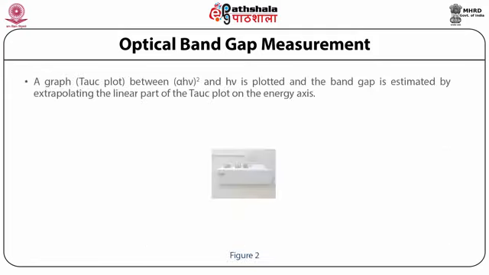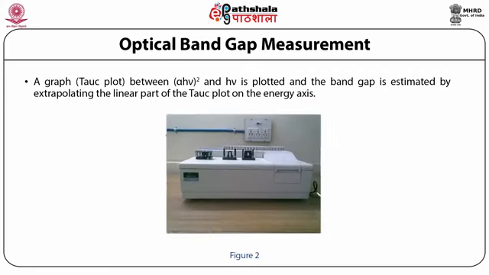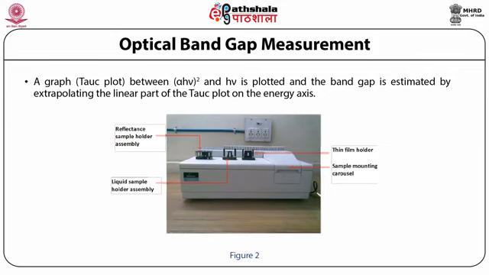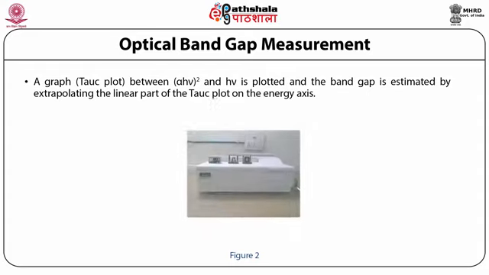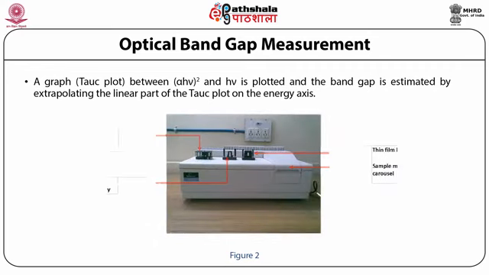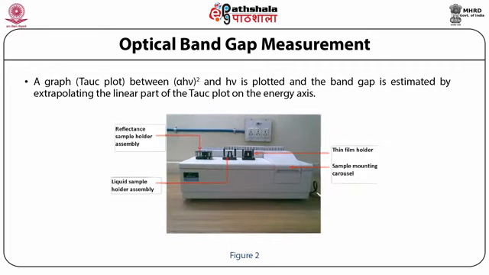So, when we plot a graph, which is known as the Tauc plot, between (alpha h nu) the whole square and h nu, the band gap is estimated by extrapolating the linear part of the Tauc plot on the energy axis.